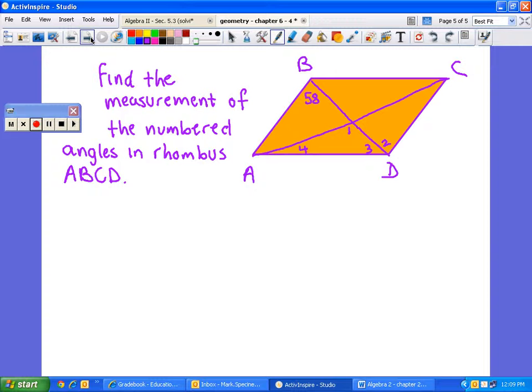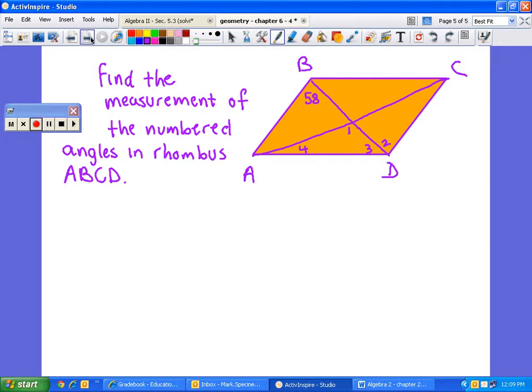We know, since it's a parallelogram, it's actually a rhombus, but it also has all the properties of a parallelogram. This line is parallel to this line, and this is a transversal. So if this angle is 58 degrees, then this angle, which is its alternate interior angle, is also 58 degrees.